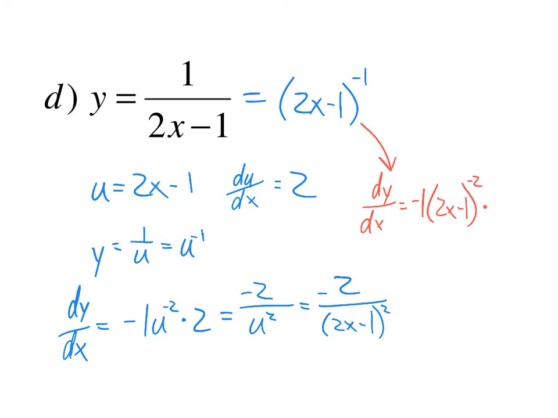What's the derivative of the something? That was the 2. So then you get negative 2 over 2x minus 1 squared. Eventually this is probably how you'll be doing them, rather than writing out all the steps, but till you get the hang of it, it's helpful.